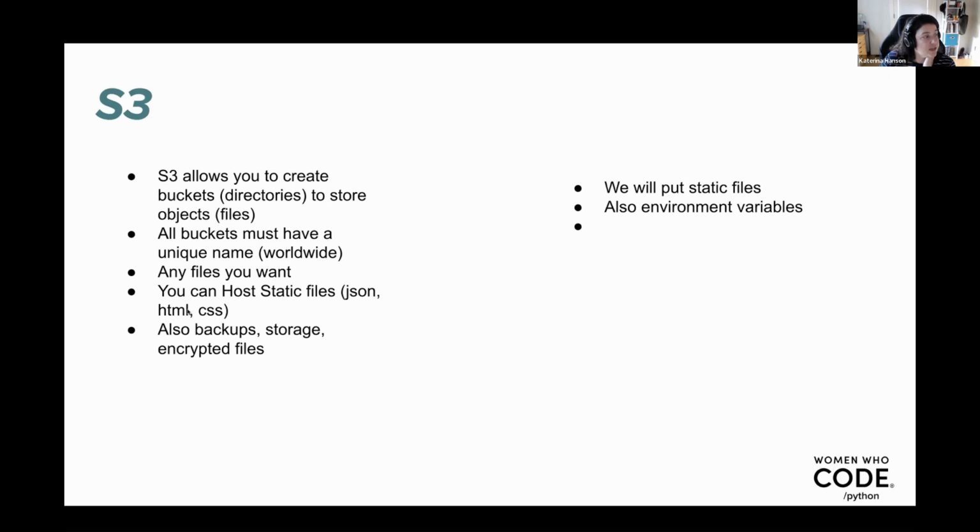You can just dump the whole front end of your website into an S3 bucket and set it open to the world, and people can go, and that's how you get access to people's static websites. It turned out also to be useful for backup, storage, and encrypted files. We're going to be using it for static files and also the environment variables.